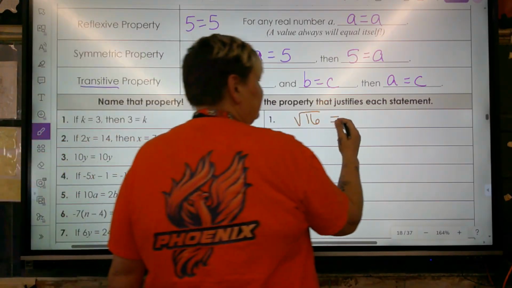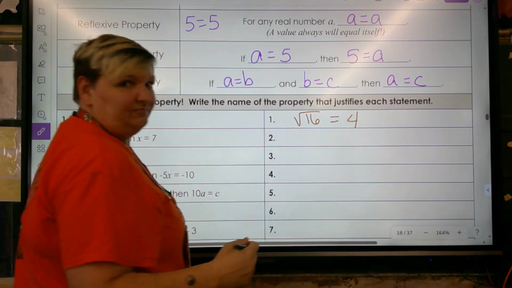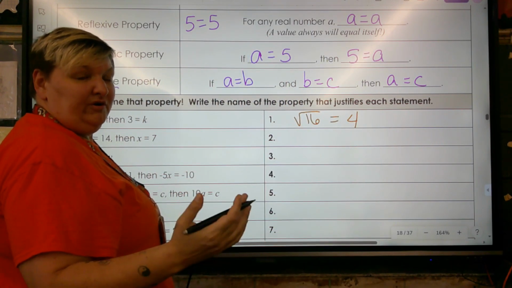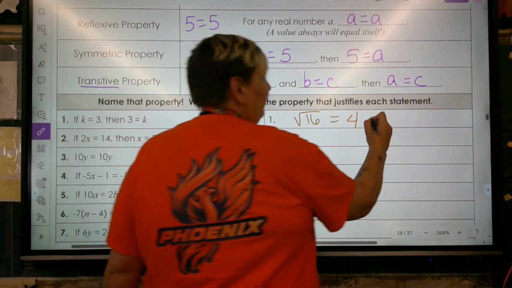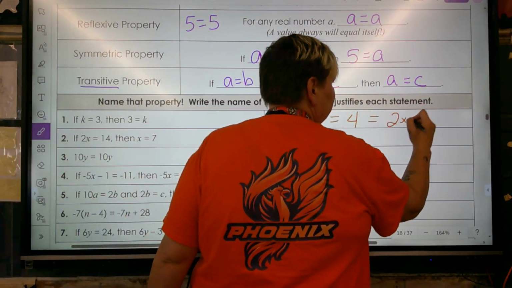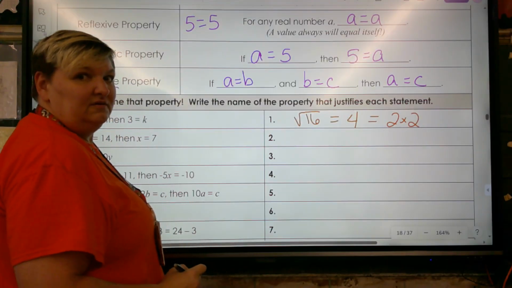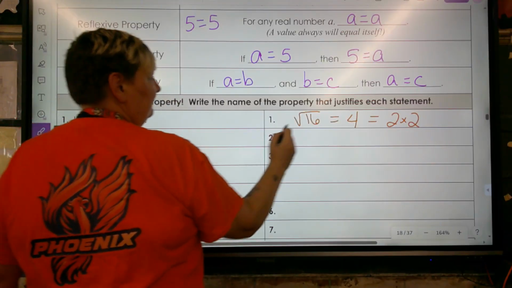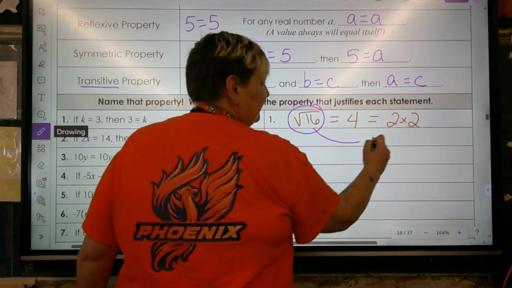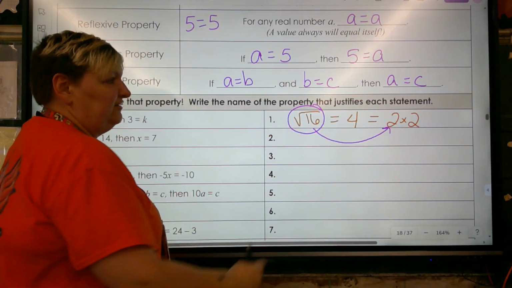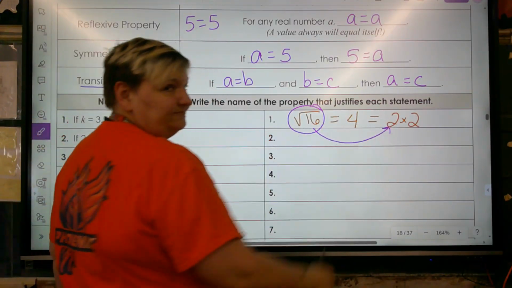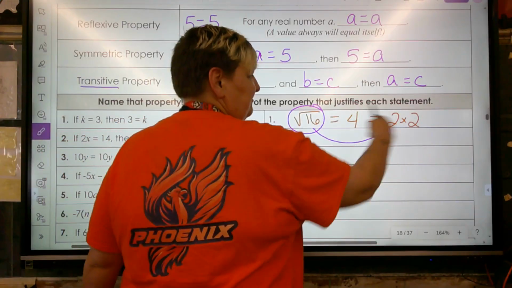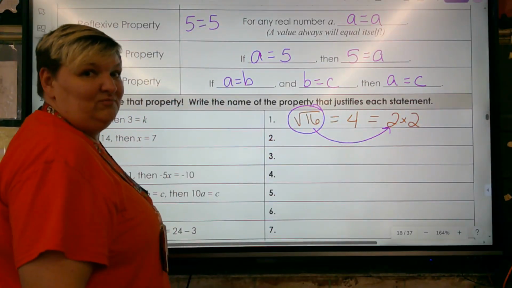Well, the square root of 16 is 4. But what if you want to break that down even further? 4 is 2 times 2. So if you have the square root of 16, you can skip directly to this if you want to. They are interchangeable. Transitive property says that they're all equal. You can replace any of them with any of them.